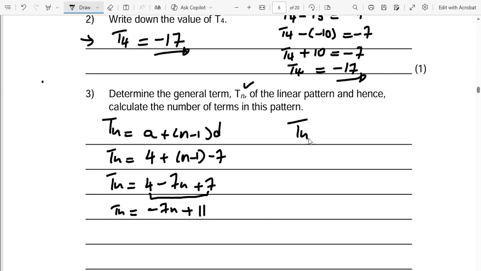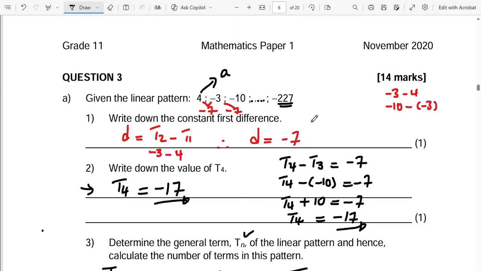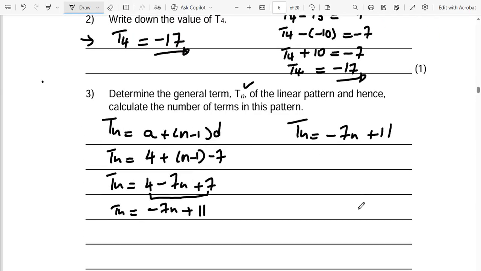So we are saying that our Tn is -7n plus 11. So where there's Tn, I need you to put -227 and solve for n. -227 equals -7n plus 11. So let's bring the 11 this side to be negative: -7n. Okay, so 227 plus 11 is 238.